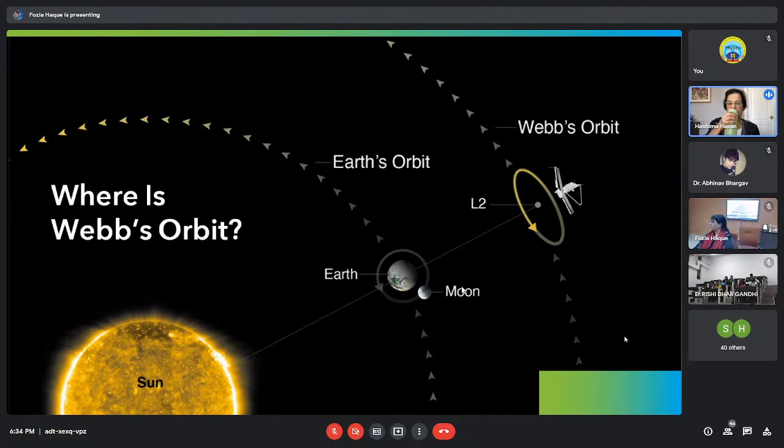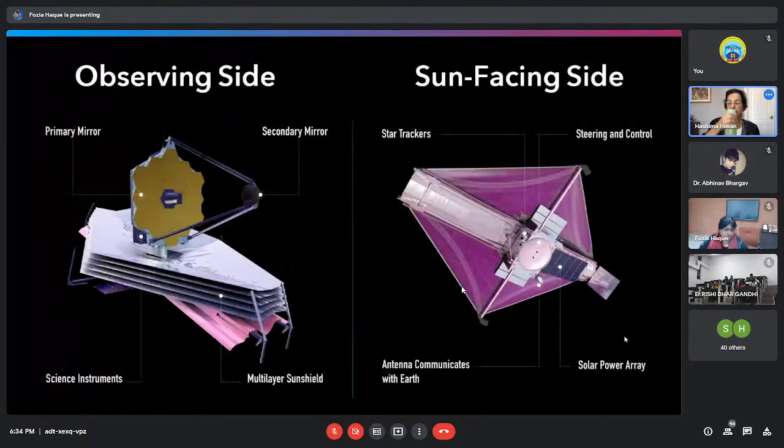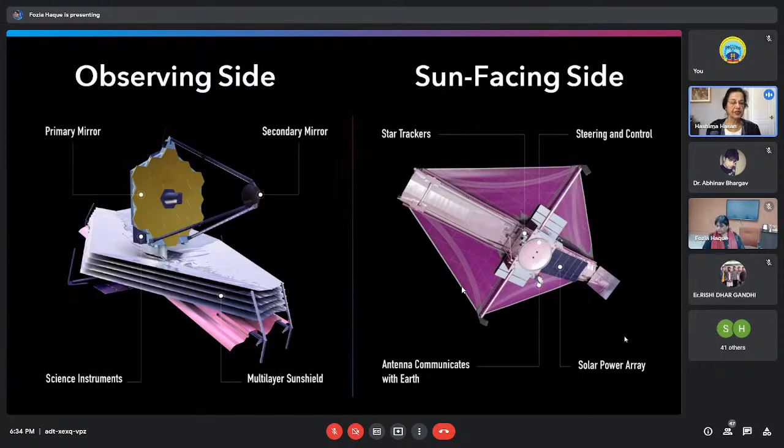Could we have the next slide, please? So here we can see the two sides of the sun shield. The side facing the telescope is the cool side.